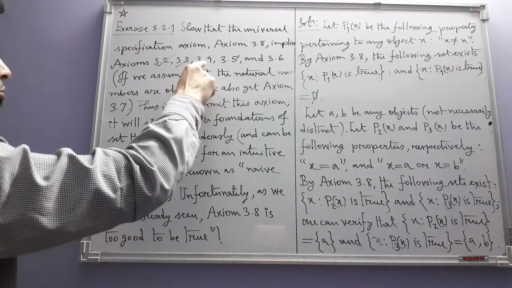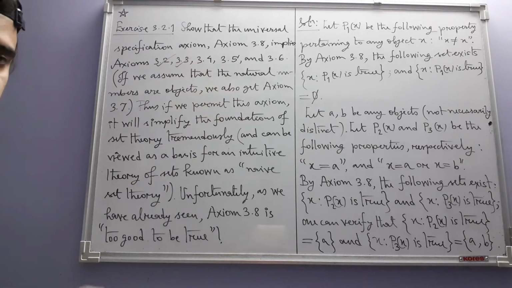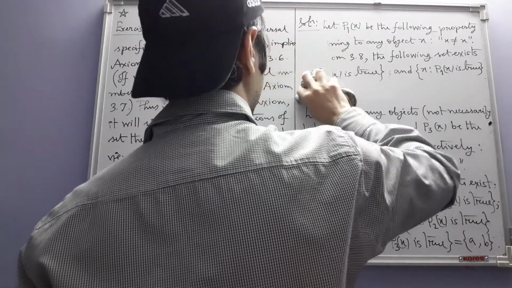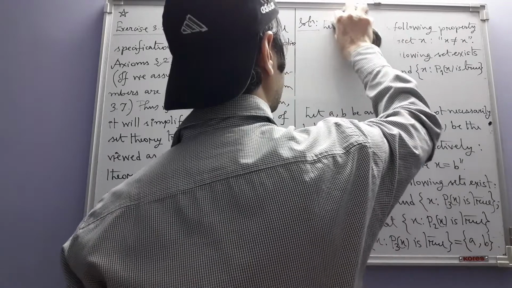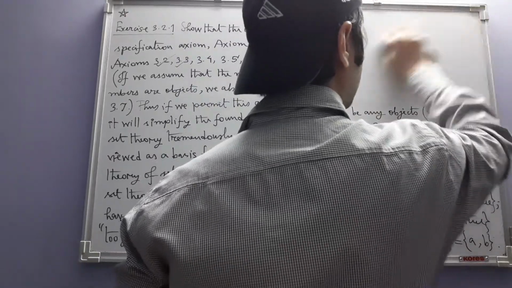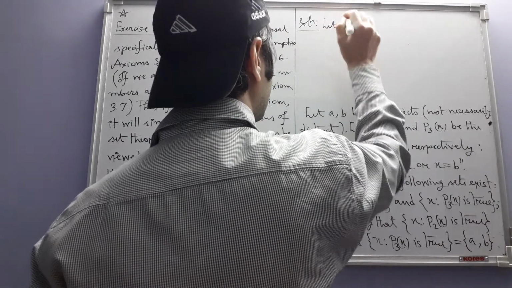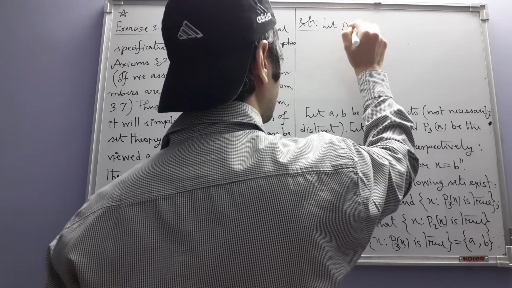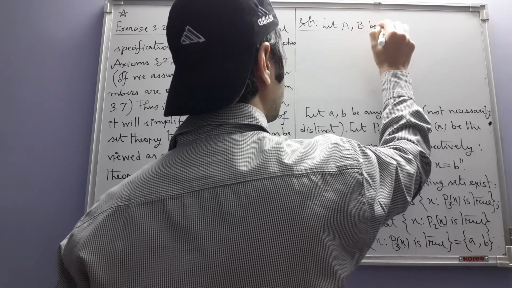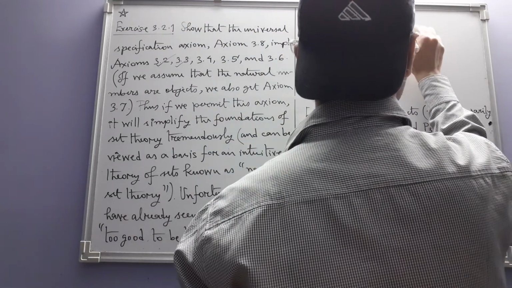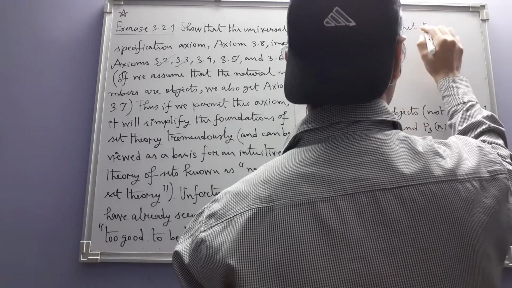Next we move to axiom 3.4, the axiom of pairwise union. So for that we must be given two sets. Let A and B be sets, and now we define a property.